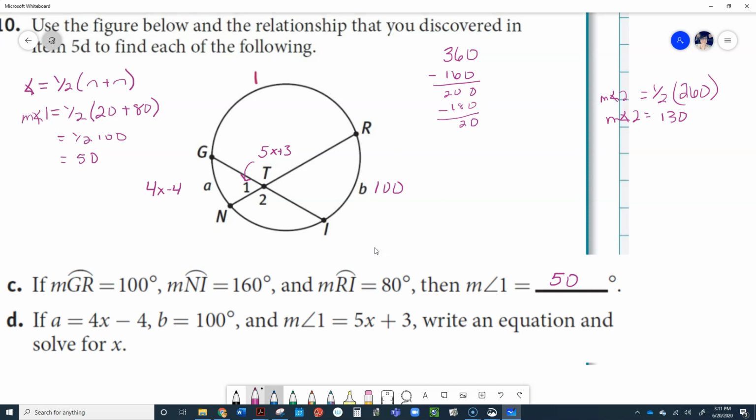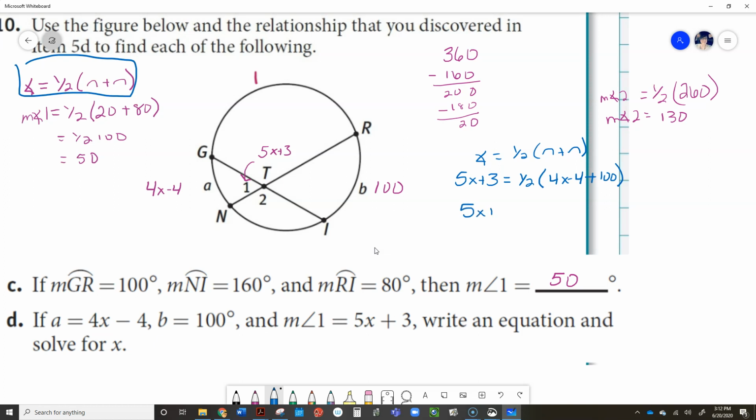I'm going to change colors. So, I'm going to use this same formula right here. The angle, 5x plus 3, that's the angle, is equal to half the sum of the arcs. So the angle is equal to half 4x minus 4 plus 100.